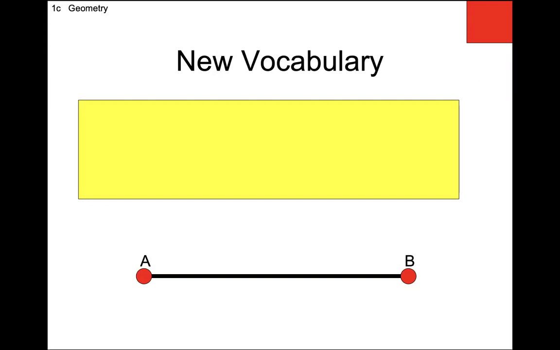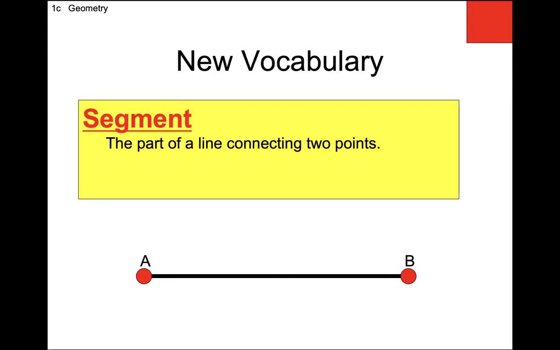And hopefully you realize that this shape, you've seen it before, is called a segment. So a segment is not a line, it's part of a line, and it connects 2 points, and it must be the two endpoints. There's an infinite amount of points between A and B. They're not named here, but if they were named, we cannot name that shape right there by anything other than A and B.